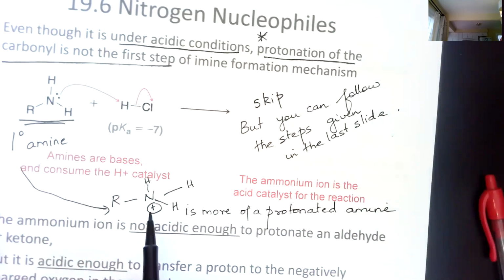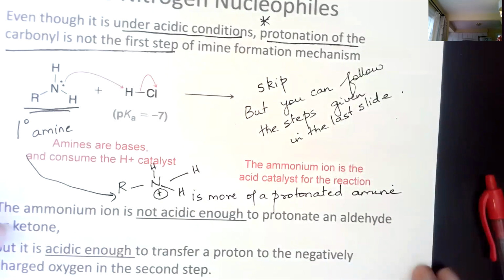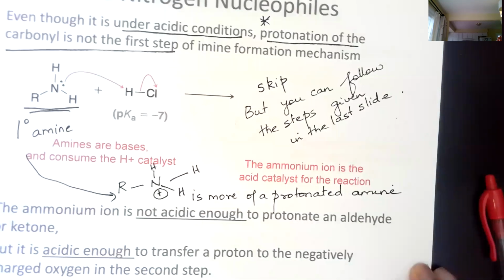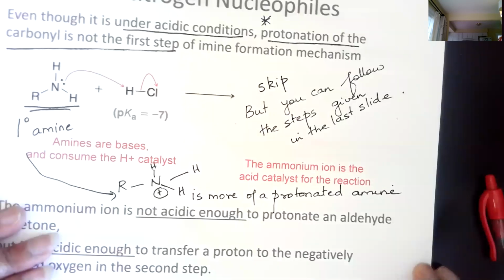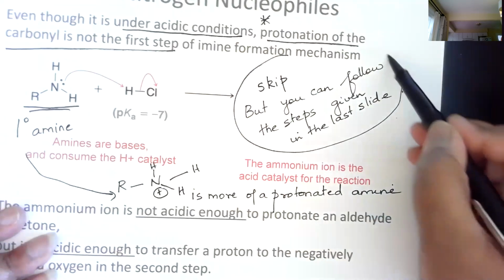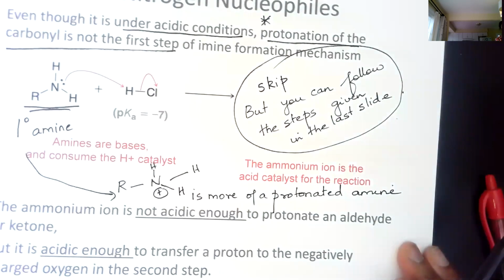So this itself can react as your acid, okay? So don't worry about all the technical details. So just remember, when you have an amine, contrary to what was said, protonation may not be the first step, but for our learning here, we're just going to assume that protonation with H3O+ is the first step, and then do the nucleophilic attack. All right.